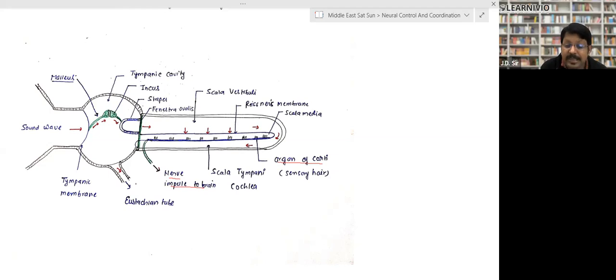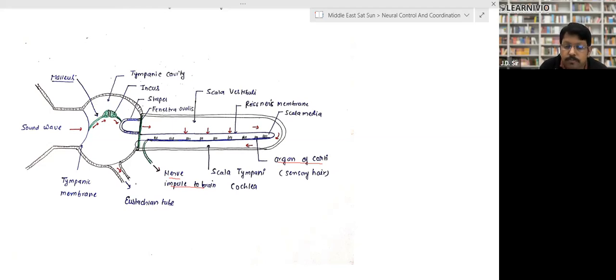The impulses thus received by the hair cells are carried to the brain through the auditory nerve, where the sensation of hearing is recognized. Full stop.